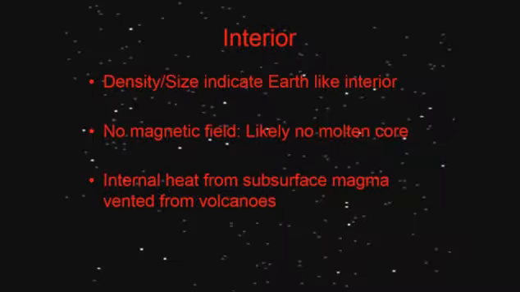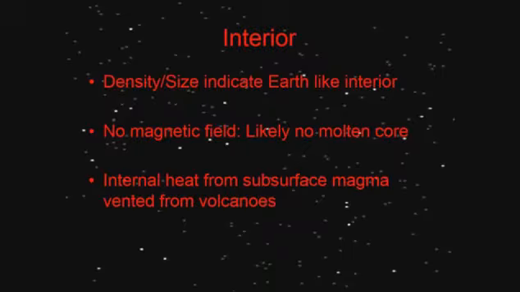The interior of Venus, very much like the Earth, its density and its size indicates something Earth-like. There's no real strong magnetic field, which is one of Venus Express's main discoveries, and it likely doesn't have a molten core. So the idea of Venus having its rotation reversed due to some molten core is very unlikely.